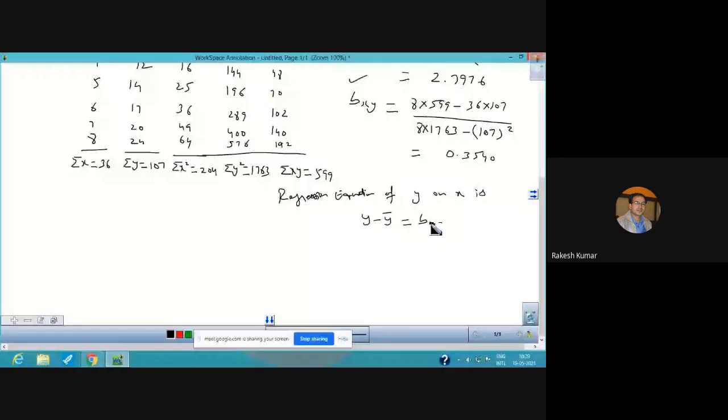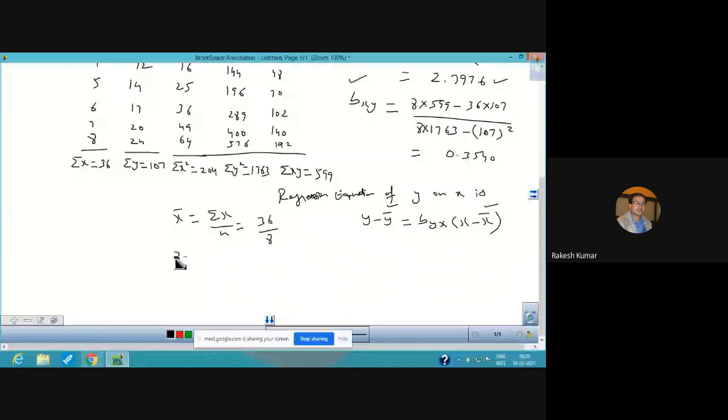Now, if we want to find the equation of y on x, meaning the regression equation, the regression equation of y on x is y minus y bar equals byx into x minus x bar. We know the value of byx, that is 2.7976, but we should have y bar and x bar. So x bar comes out to be sigma x upon n, that is 36 upon 8.